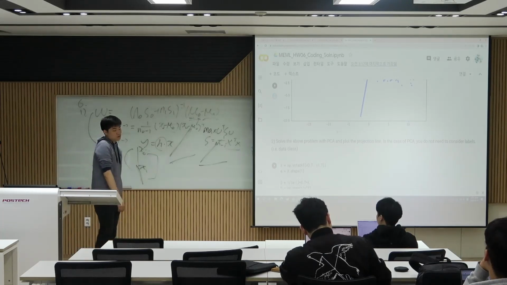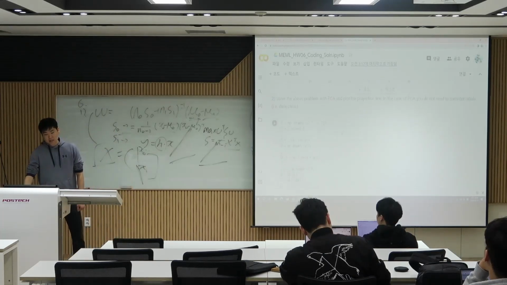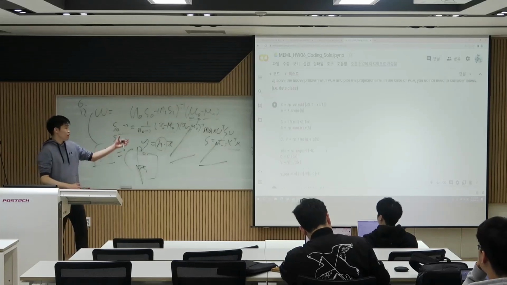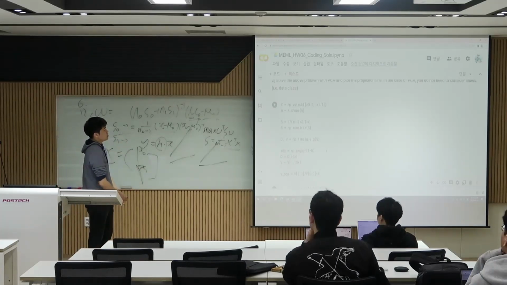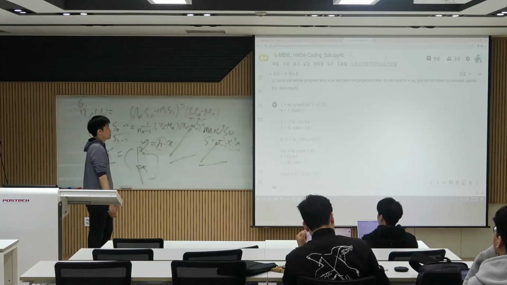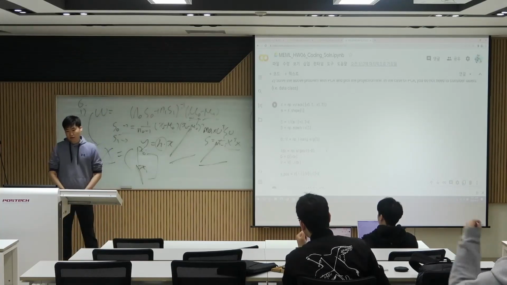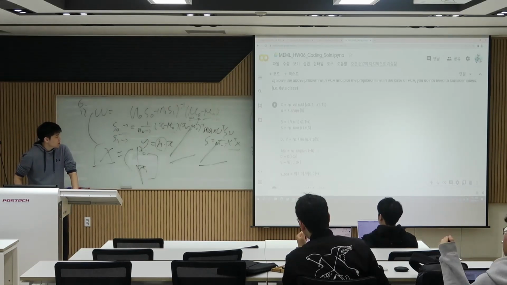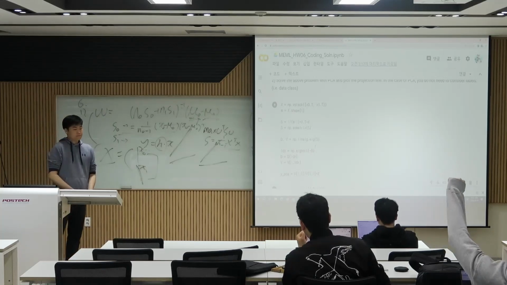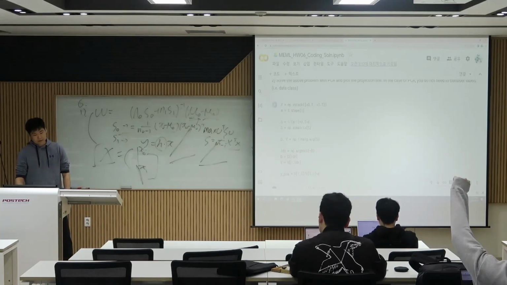So if you don't want to compute PCA by this mathematical formula, you can just use the function already written in Python packages like NumPy or scikit-learn or other things. Okay. So this is basically the mathematical way to find the PCA and FDA.